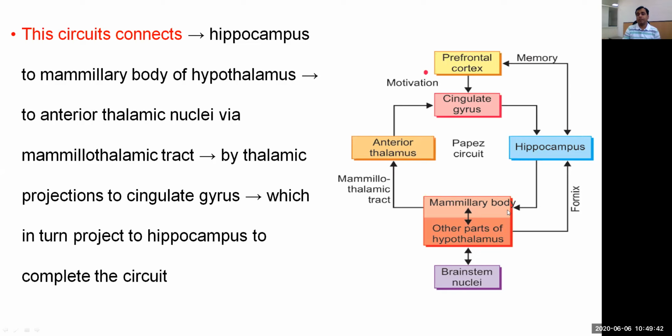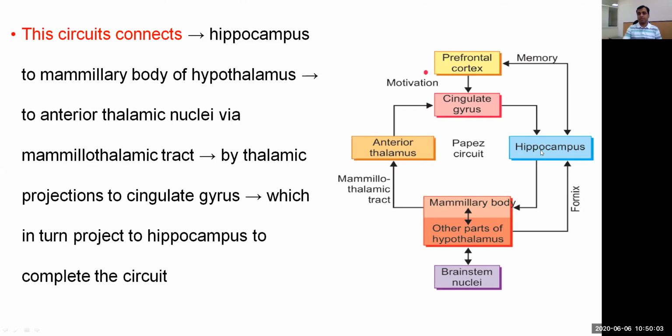The hippocampus connects to the mammillary body of the hypothalamus. This mammillary body then connects to the anterior thalamic nuclei via the mammillothalamic tract, and by thalamic projection to the cingulate gyrus, which in turn projects to the hippocampus to complete the circuit.